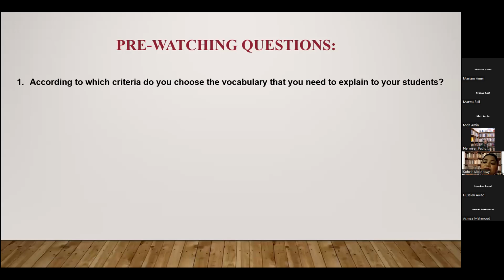So most of them agree that we choose the vocabs according to the topic given or the text that we are teaching, or the vocabs that are blocking understanding. So we need to teach the key vocabs that help students to understand the main ideas or the main topic of the text, for example.